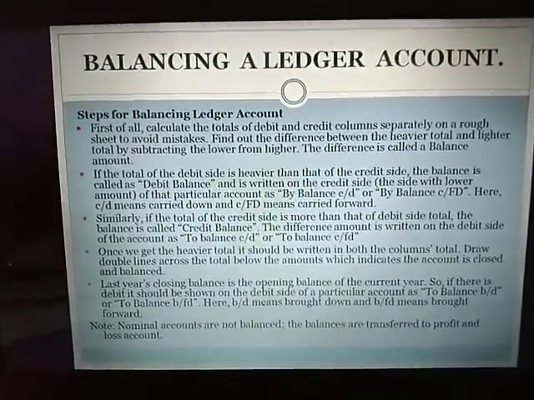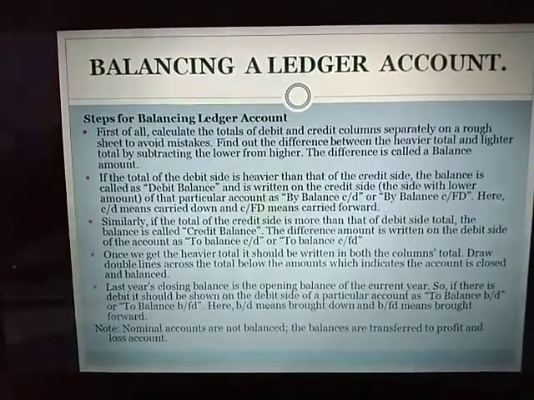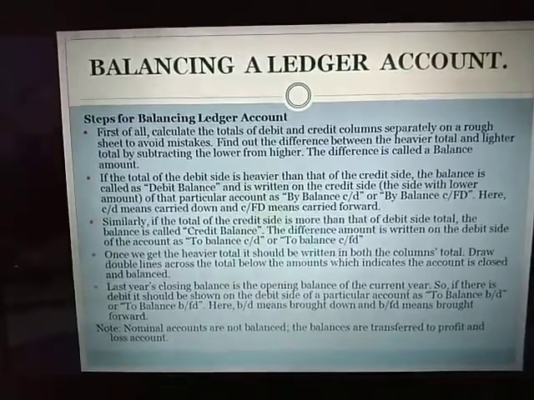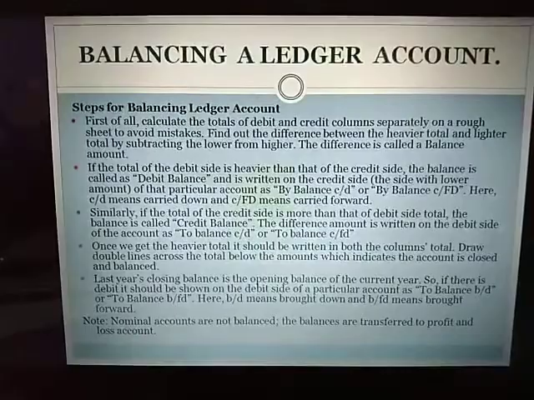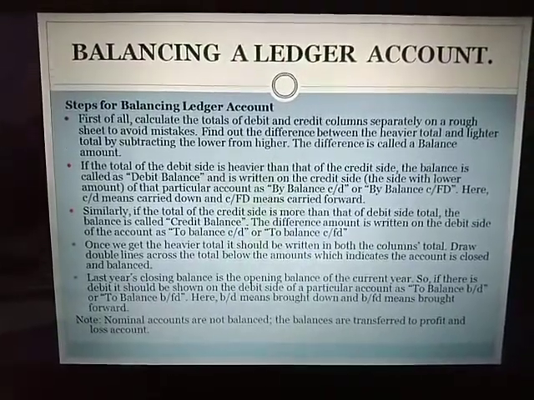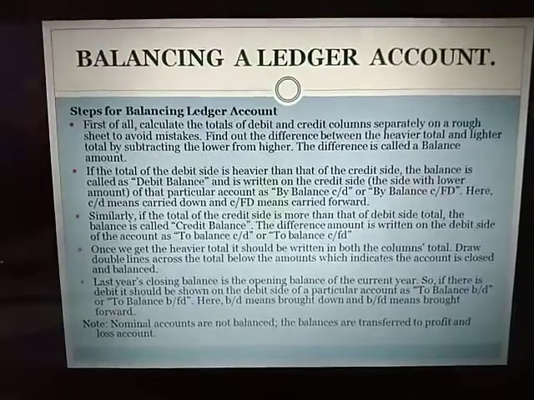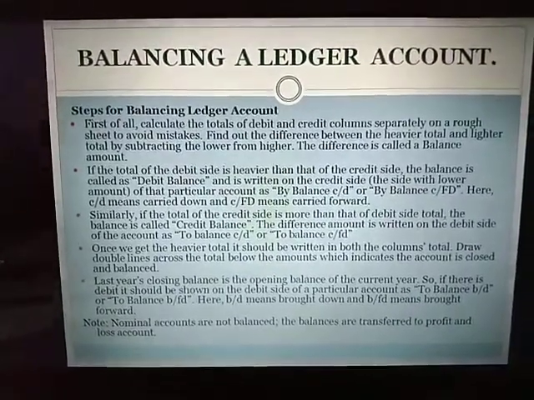Okay, but if your debit side is lower than the credit side, that means total of credit side is more than the total of debit side, then it is known as a credit balance. So in case of credit balance, we will put the difference of both the sides in the debit column and we will write it as "To balance c/d".